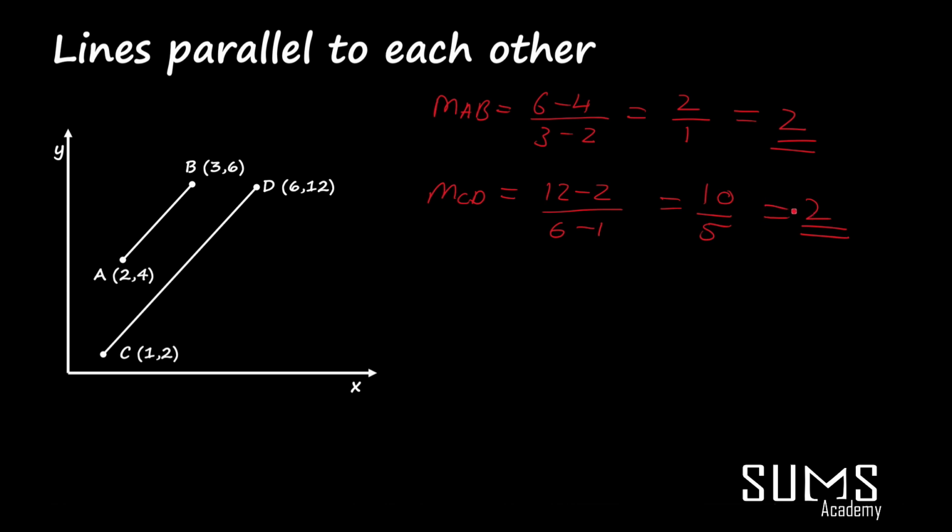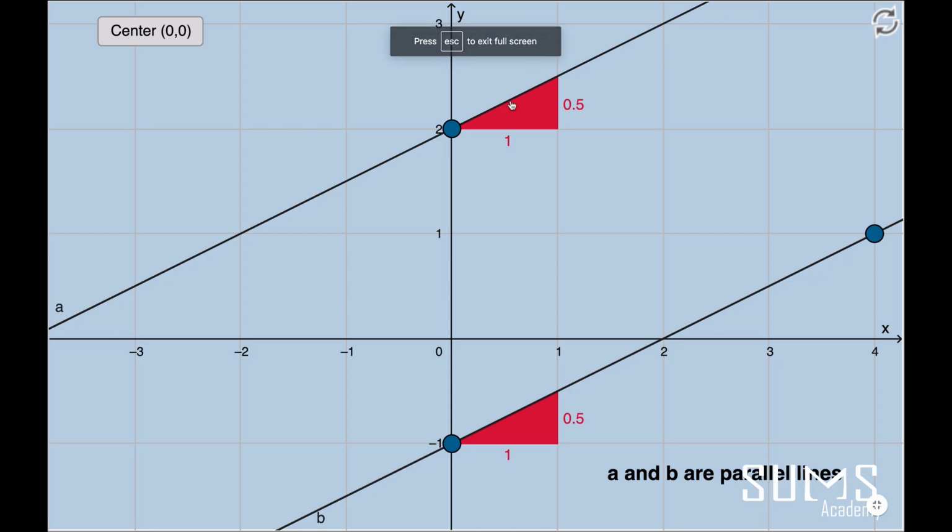So you can see that the gradient of these two lines is exactly the same. When two lines are parallel to each other, it means that the proportion of how their y changes with x is exactly the same.